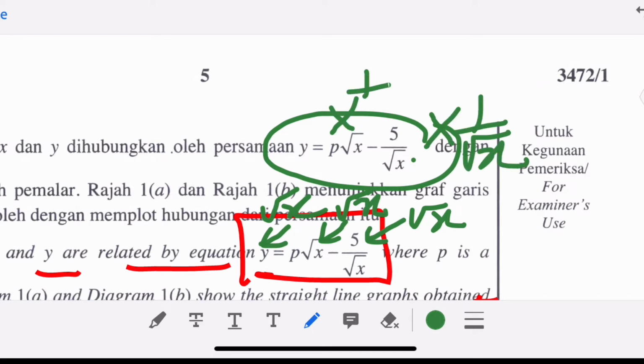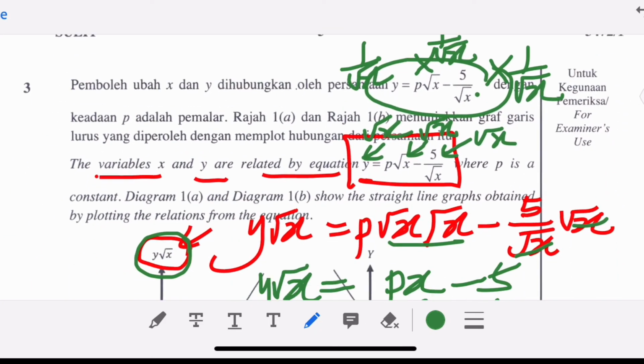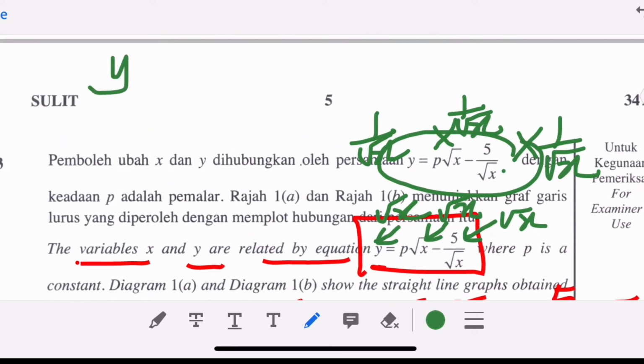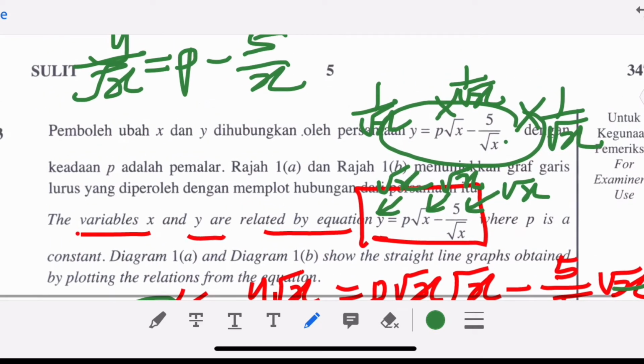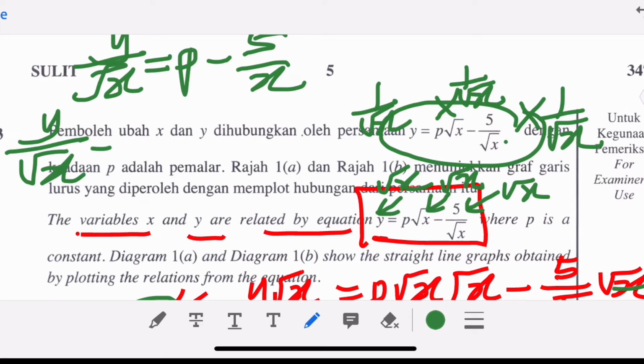So we will have y over square root x equal to p, since the square root x cancels out, minus 5 over x. Let's rearrange. We'll have y over square root x equals -5 times 1 over x plus p.